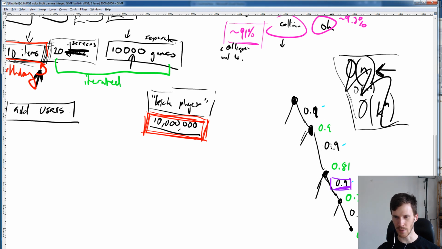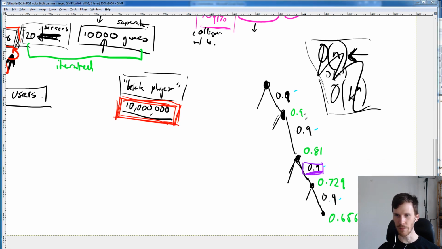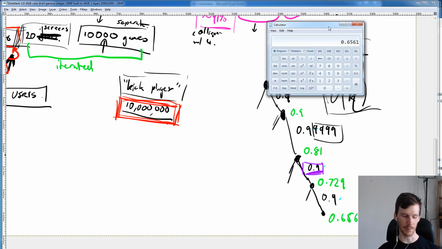So 0.9 is obviously not enough, and we found that 5 nines wasn't enough either, because we got 0.13. So if we have 0.999999999, and then we do this, let's see. Yeah, if we have enough nines in there, we're still pretty good.